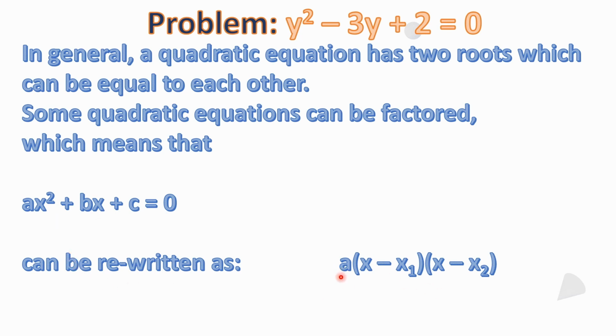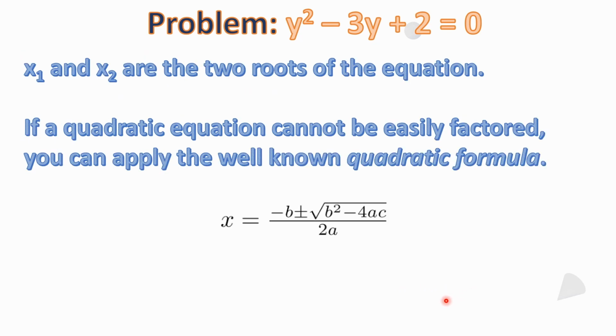It can be rewritten in this form here, where you have a times the quantity x minus x1, times the quantity of x minus x2. Now, what x1 and x2 are called, those are called the two roots of the equation, okay?